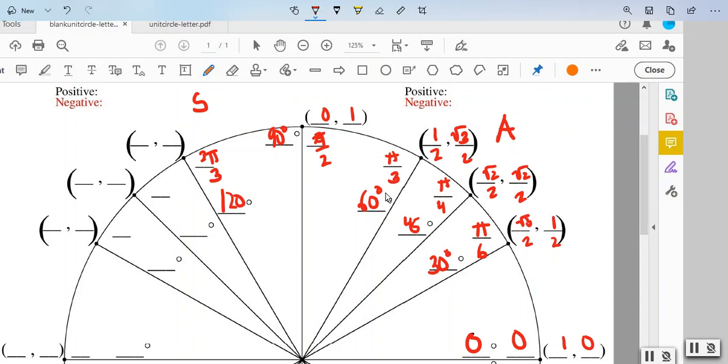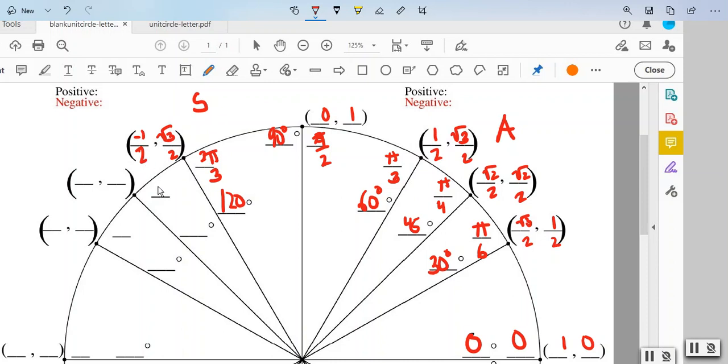So in that case, 2 pi over 3. Now the reference angle is basically the 60 degrees, because 180 minus 60 is 120. So it's the exact same ordered pair, but it has to be negative 1 half, and then the square root of 3 over 2. The reason that it's negative 1 half is because only sine is positive.